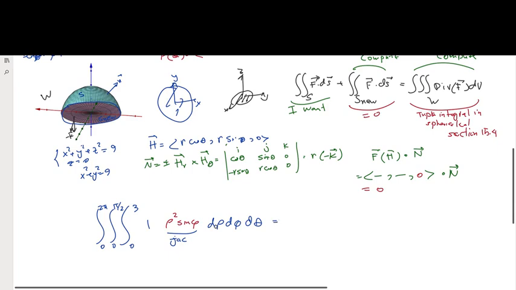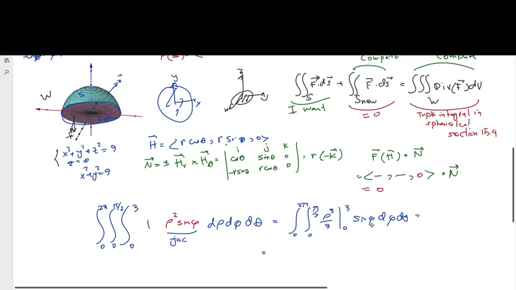Let's do the integral. Rho becomes rho cubed over 3, from 0 to 3, and then I have 0 to pi half and 0 to 2 pi, times sine of phi, d phi, d theta. Three to the power 3 is 27, divided by 3 minus 0 is 9.